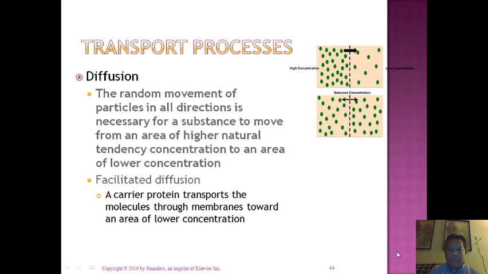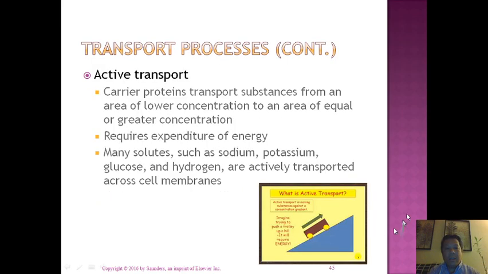So, diffusion, again, is the movement of solid molecules from an area of higher concentration to an area of lower concentration. Active transport is when carrier proteins transport substances from an area of lower concentration to an area of equal or greater concentration.